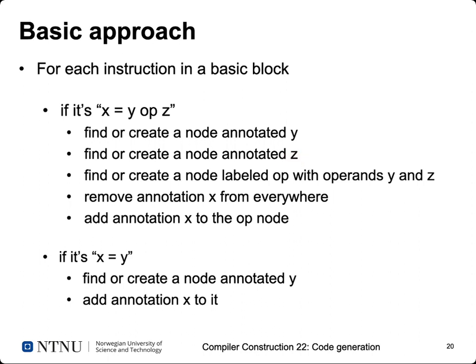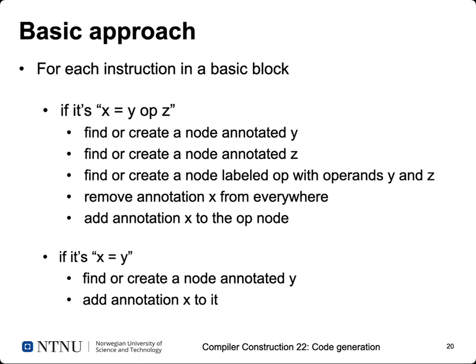Then we have to either create a node labeled with the operator that has the operands y and z, or if it already exists, so if you already have an expression that calculates y op z, we have to find it and can reuse it. Then we can remove the annotation x from everywhere, and because we are overwriting the value of x here, we add the annotation x now to the node representing the operation.